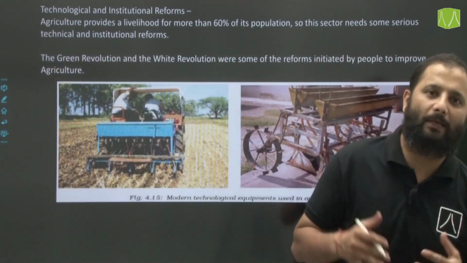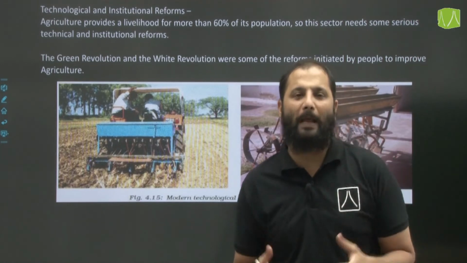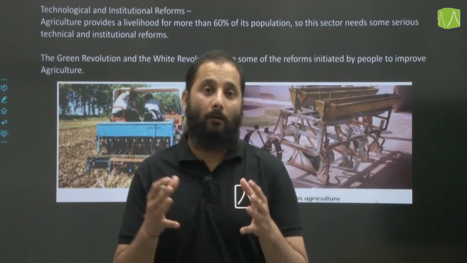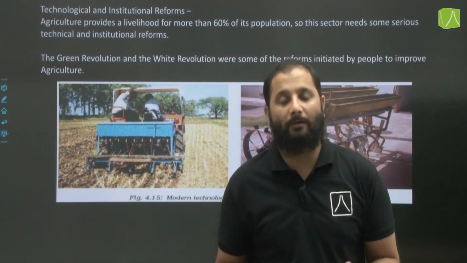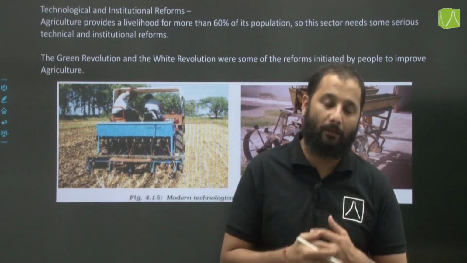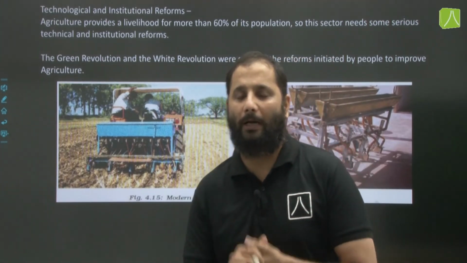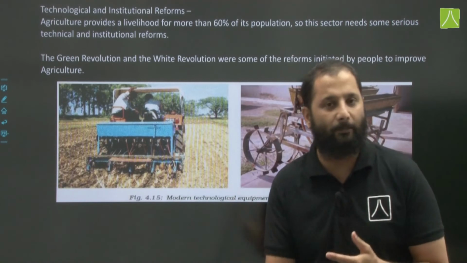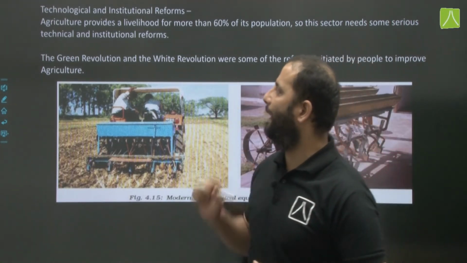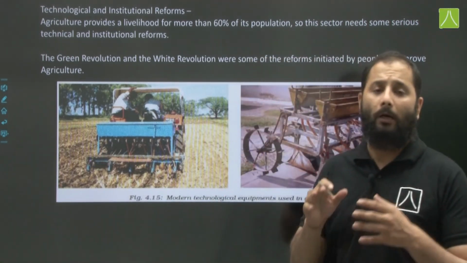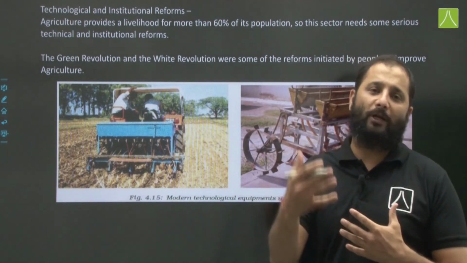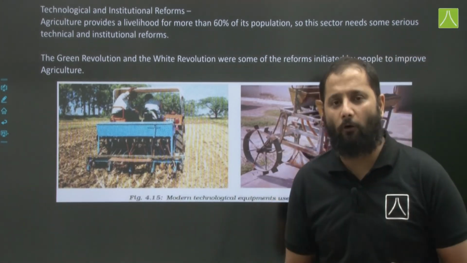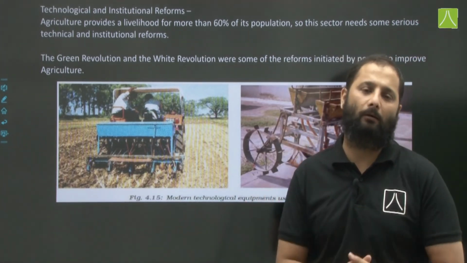Now as we see, agriculture being a primary activity and India being an agricultural country, most of the people are still employed in this, either directly or indirectly dependent on agriculture. The government has introduced a lot of reforms for the upliftment of this field.